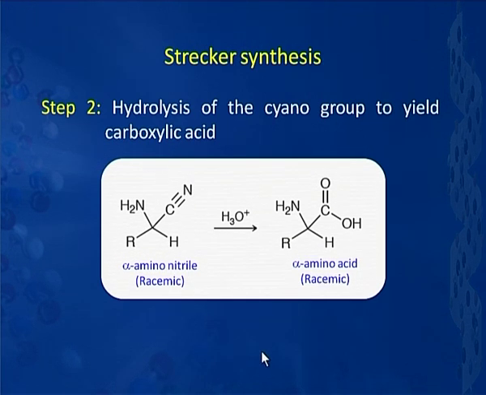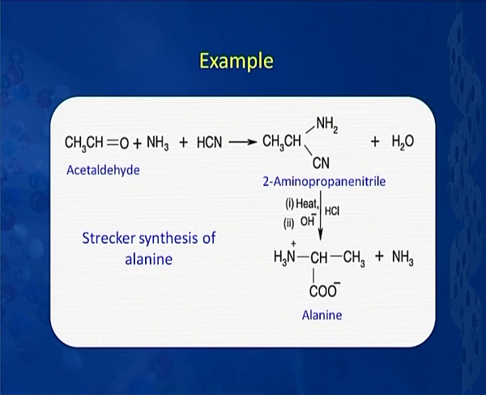The reaction is very simple, but again suppose I want to target a specific amino acid. That actually is achieved by using a suitable aldehyde, because the kind of aldehyde I use as a starting material is going to determine what amino acid I am going to get as the target product. Suppose I start with acetaldehyde. So, this is my R group here.